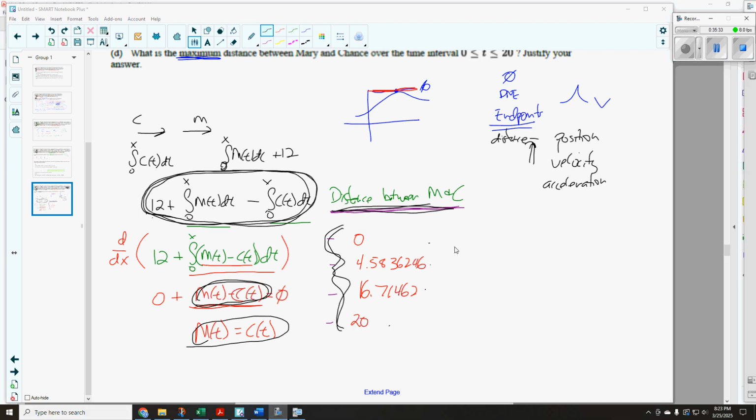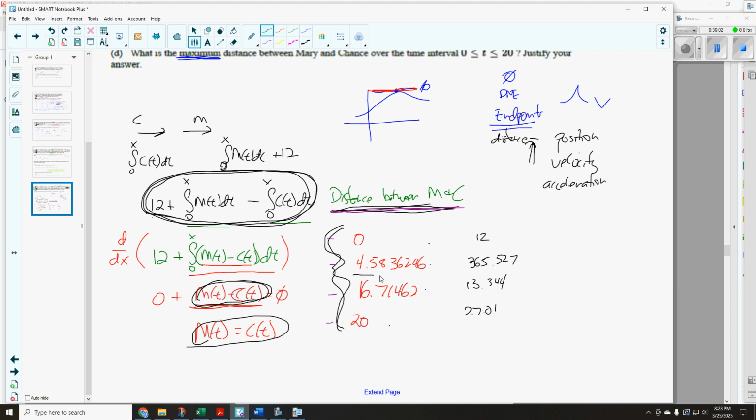If you were doing this on your FRQ sheet, you would probably put a little table. So 0 and 12, 4.583, 365.527, at 16.714, 13.344, and at 20, 27.01.